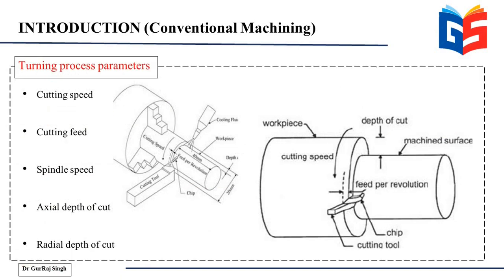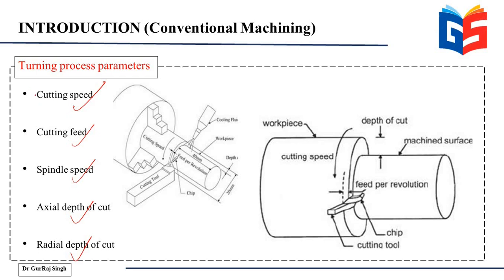Now what are the various turning parameters? All these are the parameters used in turning: cutting speed, cutting feed, spindle speed, axial depth of cut, and the radial depth of cut. The most important ones here are the radial depth of cut, the cutting feed, as well as the cutting speed.